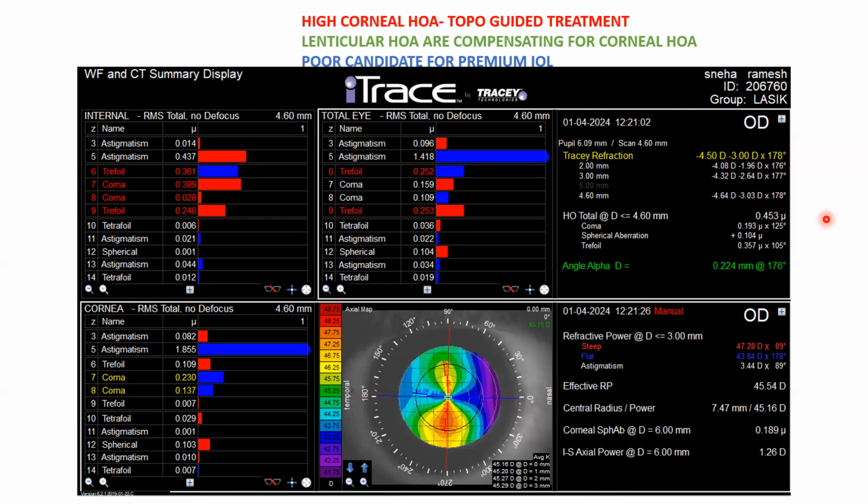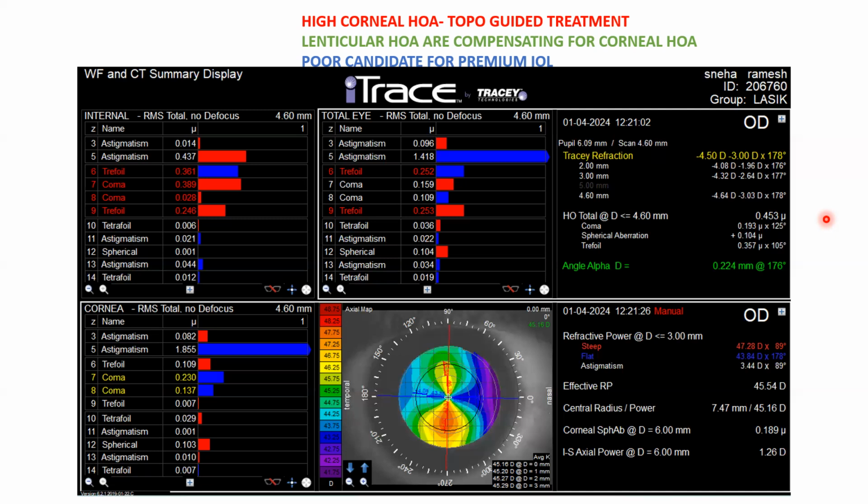Yes, trefoil, sir, is not even in yellow. And frankly, those which are in the yellow are getting compensated by those on the internal aberrations, right? Yes, sir. To some extent, right? Yes, sir.